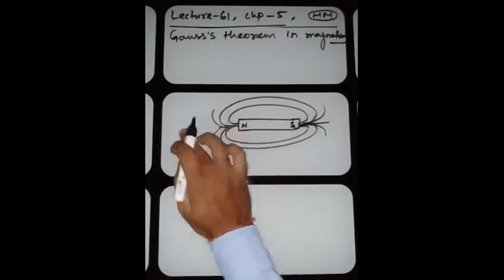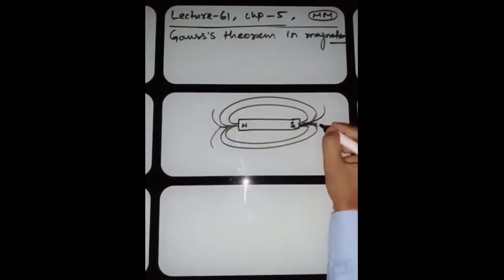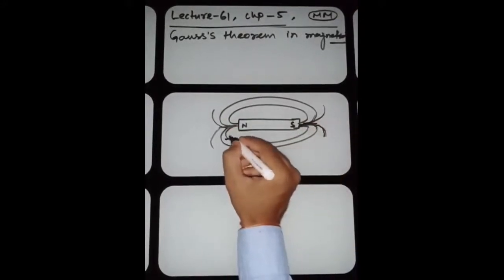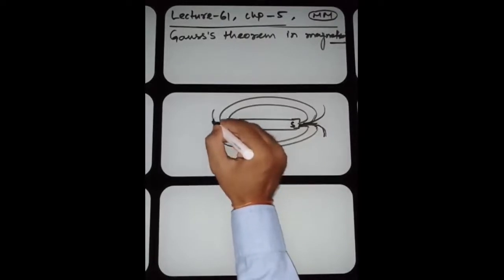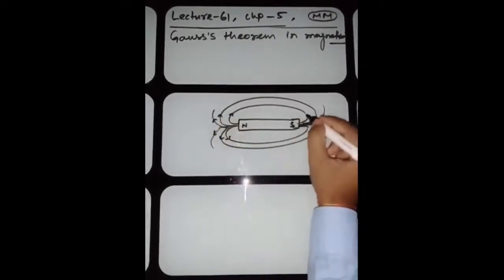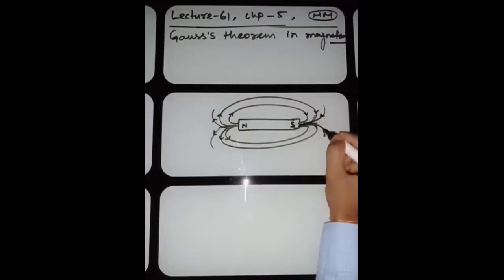You can see, my dear students, here the magnetic field lines from North Pole are emerging out, and they are moving in to the magnet.